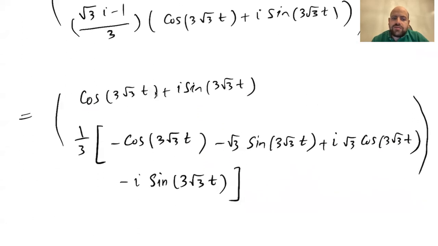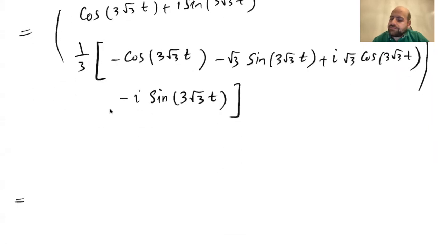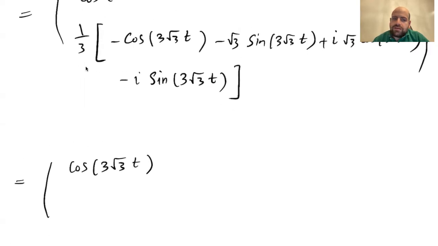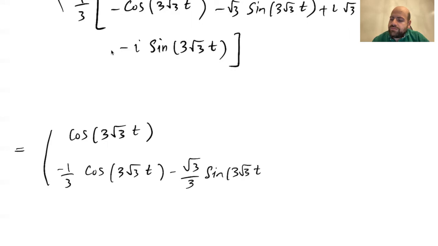In the first element, the real part is only this one, cos 3 root 3 t. And in the second coordinate, I have these two terms which are real: 1/3 minus 1/3 cos 3 root 3 t minus root 3/3 sine 3 root 3 t.